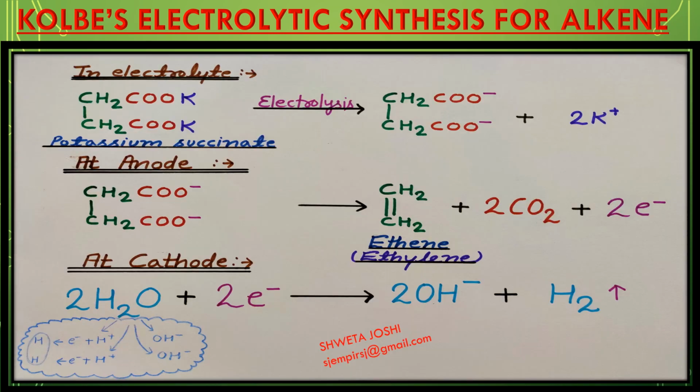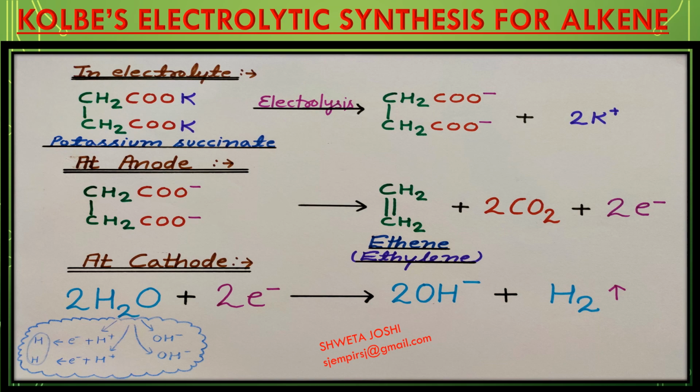Now covering Kolbe's electrolytic synthesis for the preparation of alkene. For the preparation of alkene, we require sodium or potassium salt of dicarboxylic acid. In this case, for the preparation of ethene, we are going to take potassium succinate.